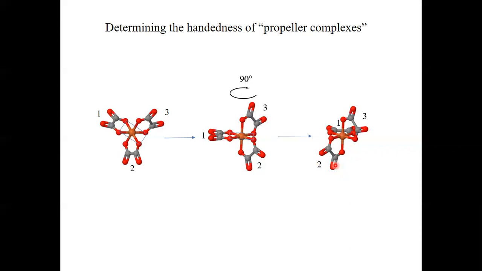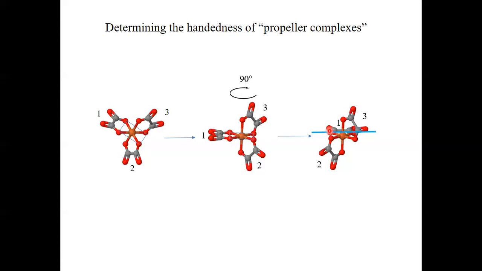So now you can determine whether this complex is lambda or delta the following way. You draw a horizontal line between the donor atoms of the ring that is oriented horizontally and points to the back.